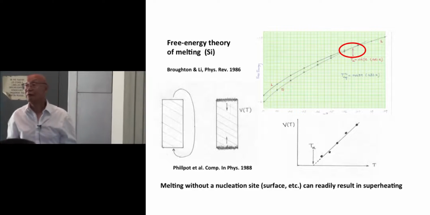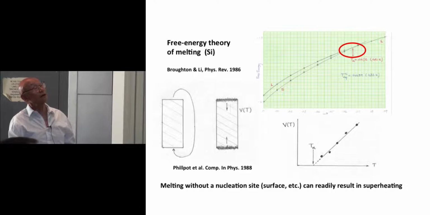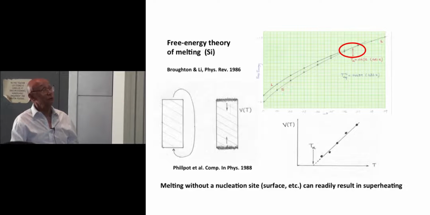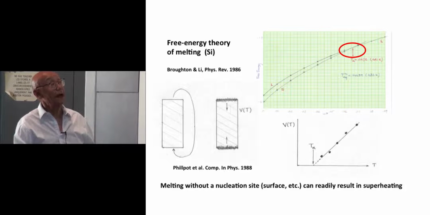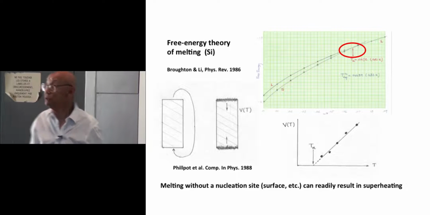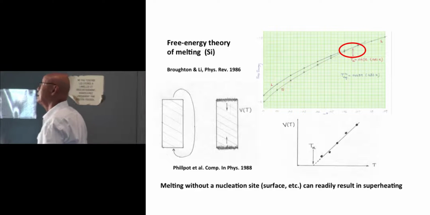Nonetheless, what it tells you is that you can calculate using this method. You can do a prediction of the melting temperature, or you can now go ahead and do a real MD simulation, whereby you investigate what is the mechanism.